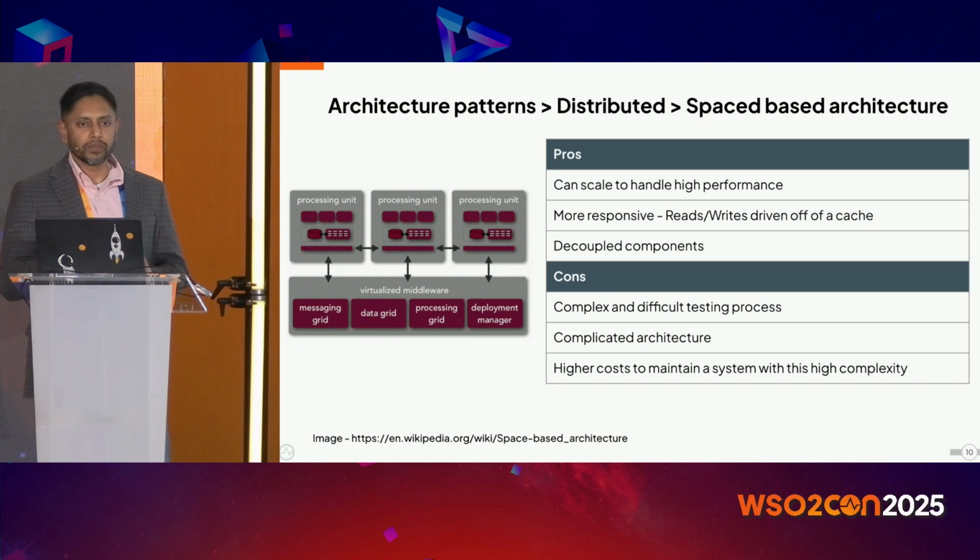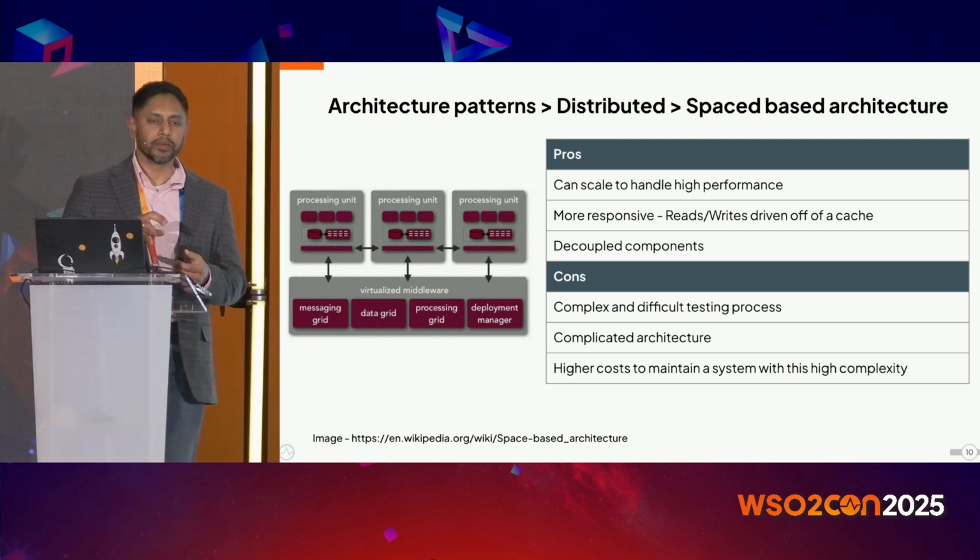An example of this is that a lot of the heavy transaction processing software tends to be based on space-based architecture. So we had a customer called StubHub. StubHub is essentially a ticket reseller.